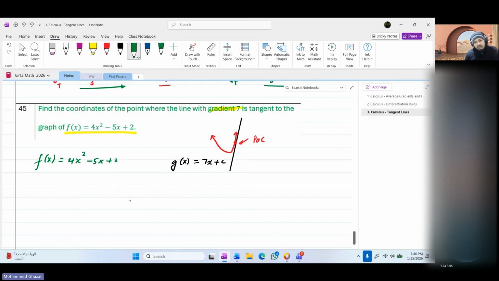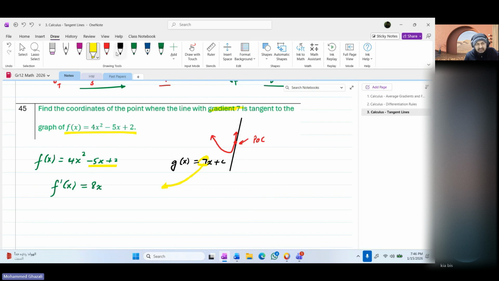Now you have two options. We can say f of x equals g of x, then delta equal to 0. Find the value of c, put it back into the quadratic function and solve. The other option is the derivatives method. To get 7, f prime x equals 7. So what is f prime x? f prime x is 2 times 4, which is 8x, minus 5.